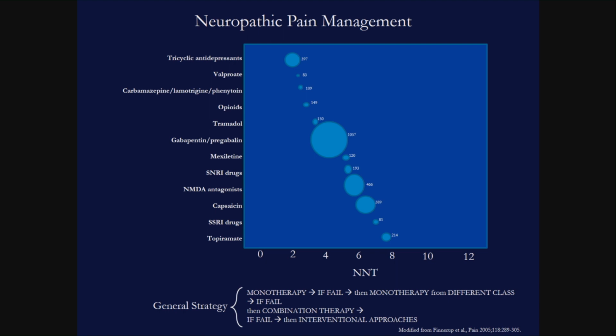That's a better agent. You can see that for the tricyclics the blob is medium sized, but it has a quite low number needed to treat for neuropathic pain, whereas gabapentin and pregabalin have a higher NNT, but a really big blob. So we use these agents, and Cymbalta, an SNRI.